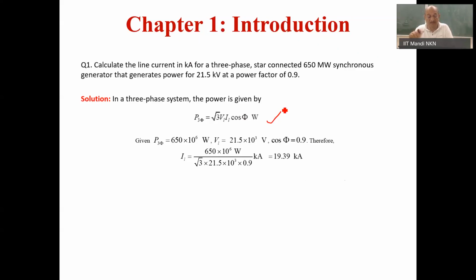You convert everything in watts and volts, and you will get the current in amperes. So you can determine the current in kiloamperes, as you can see here. 650 multiplied by 10 to the power of 6 divided by root 3.